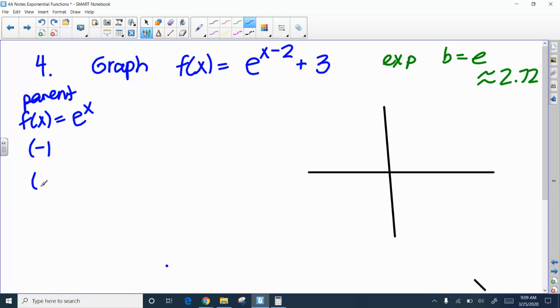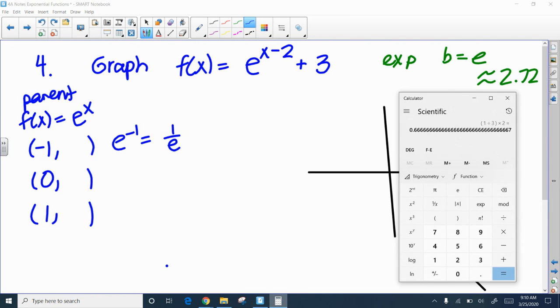So like always, we have to find the points on the parent function. -1, 0, and 1 are the x values I'm using. So if I use this, I'd have e to the -1 power. That would be 1 over e if I write it as a fraction. But remember, we can use a decimal approximation. This calculator has an e button. Most scientific calculators should. If you don't have that, just use the approximation of 1 over 2.72.